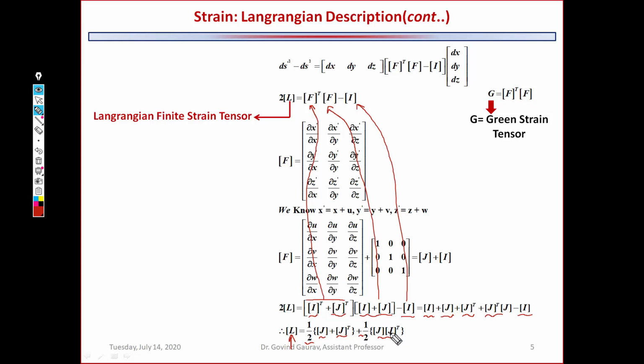Over here, this term is known as the linear term, and this term J multiplied by J transpose represents the nonlinear term. Why? Because these are in multiplication and this one is in a linear combination. So this one is the linear term and J multiplied by J transpose is the nonlinear term of the Lagrangian finite strain tensor.